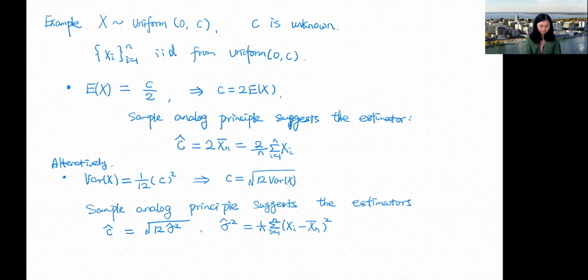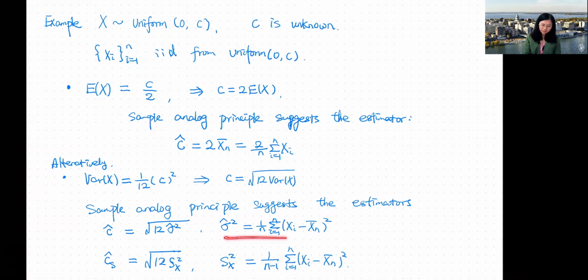And sometimes you might want to use an adjusted variance estimator for this sample, which is S squared, which is 1 over n minus 1 sum of (X_i minus X_n bar) squared.